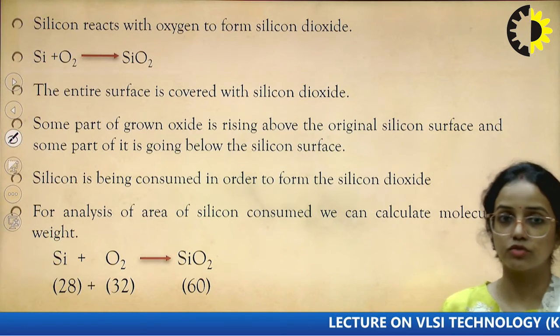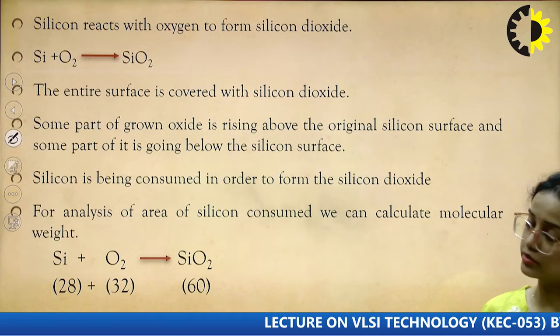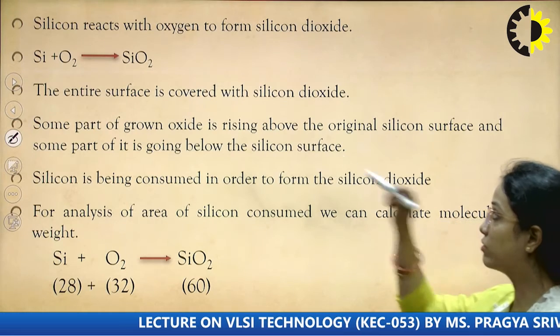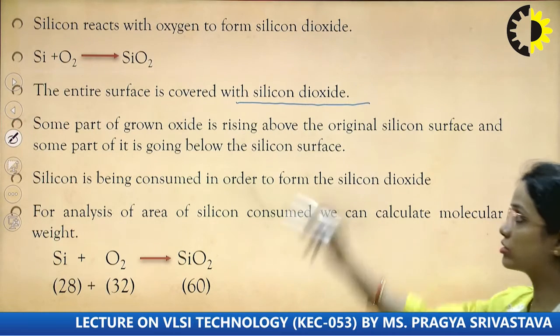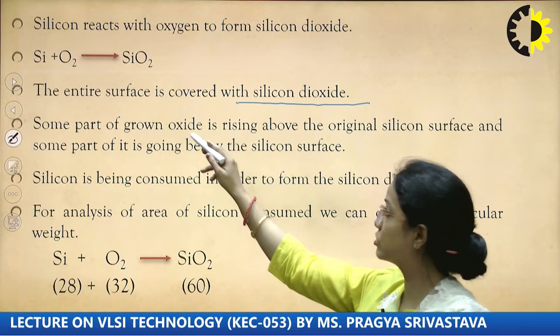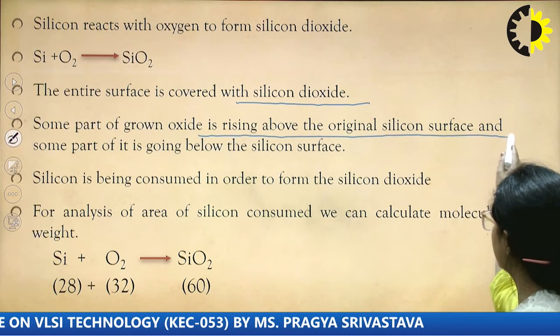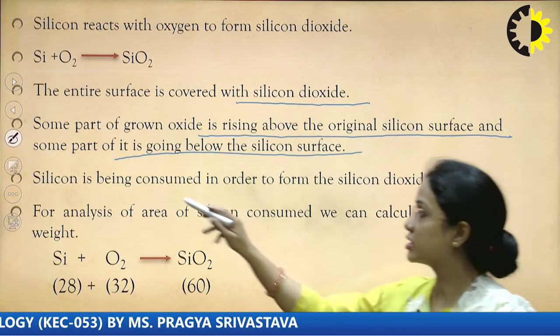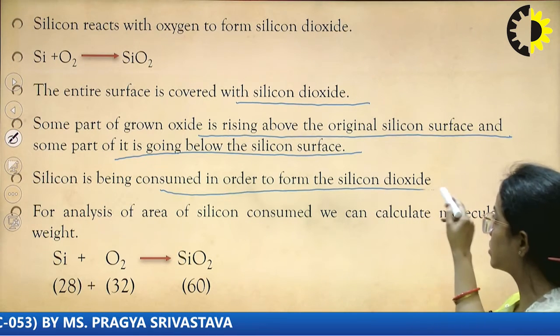Silicon reacts with oxygen to form silicon dioxide. As we have already discussed, the entire surface is covered with silicon dioxide. Part of the grown oxide rises above the original silicon surface, and some part goes below the silicon surface. Silicon is being consumed in order to form the silicon dioxide.